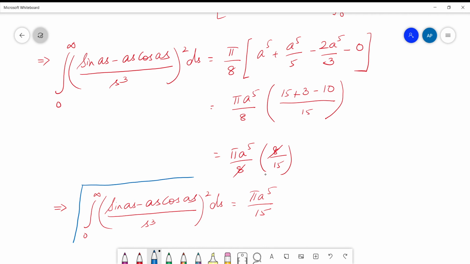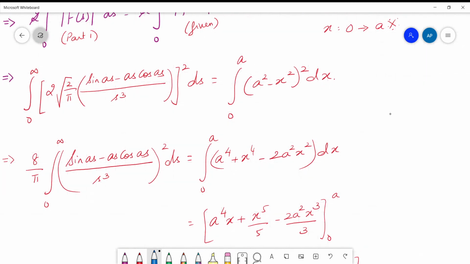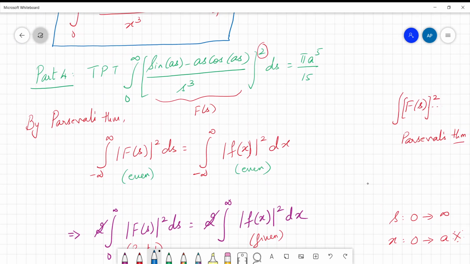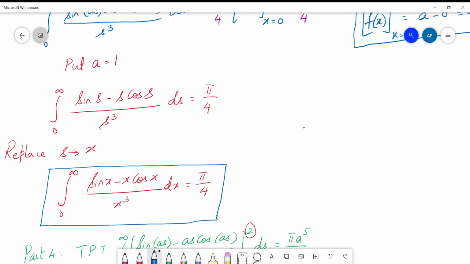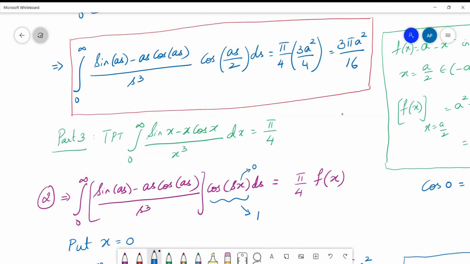So if you have noticed, the first part was the Fourier transform definition, the second part was inversion, the third part that we did was substitution, and the fourth part was Parseval's application. So please go through each of them carefully and then attempt this problem. I'm sure, though it's a lengthy problem, there is a very standard way of doing it.